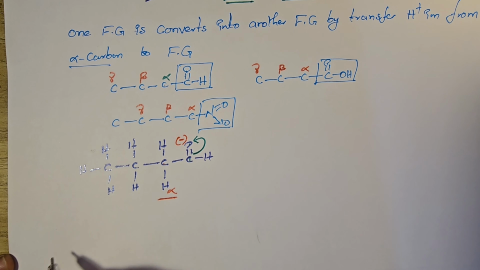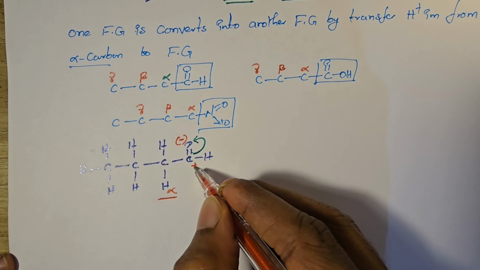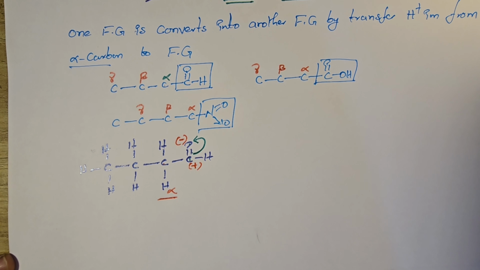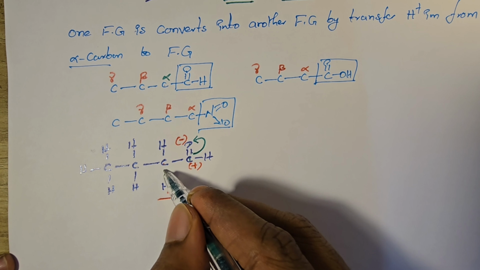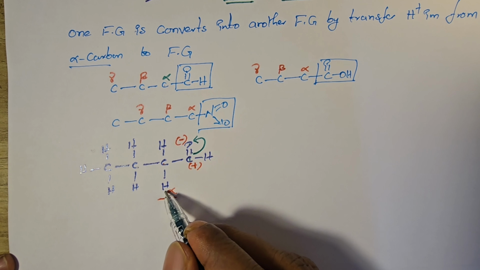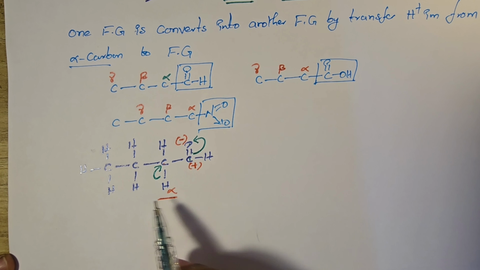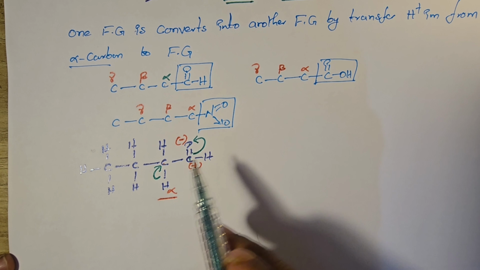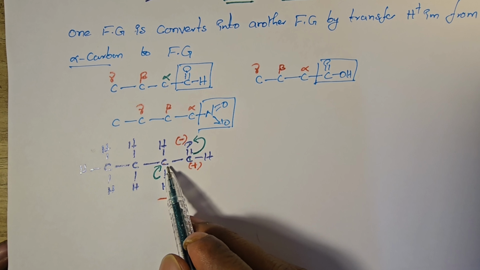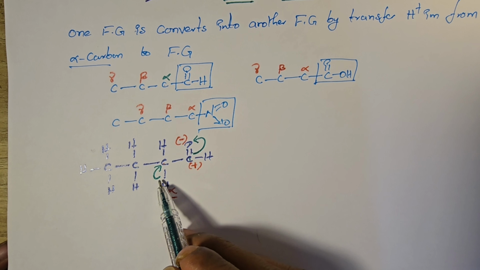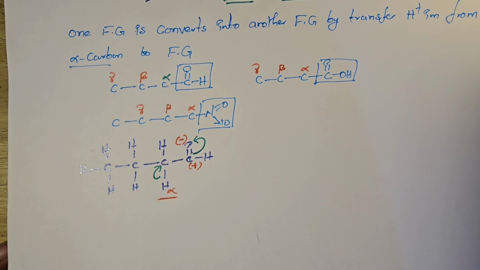Oxygen gets negative charge and carbon gets positive charge. Automatically the bonding electrons between the alpha carbon and alpha hydrogen move towards the carbon side. Why? Because this carbon gets positive charge, so this carbon requires negative charge. That's why these bonding electrons move towards the carbon side.